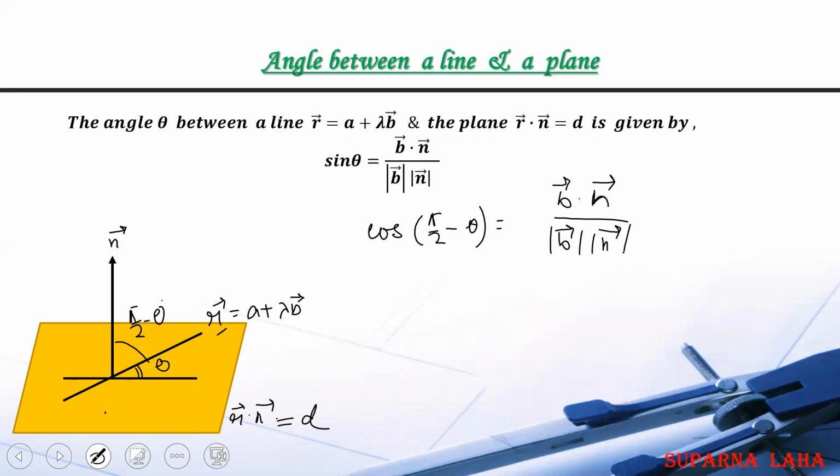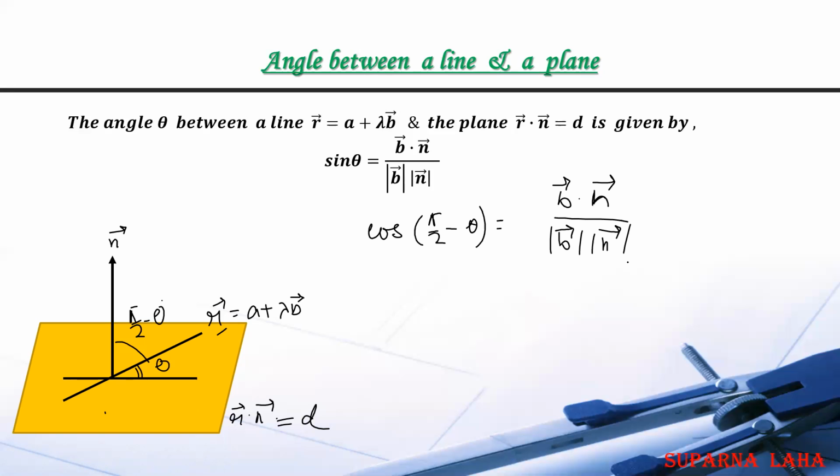Since the equation of the line is r equals a plus lambda into vector b, it is parallel to the vector b and it's normal to vector n.